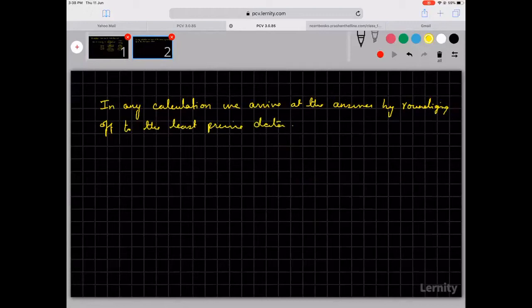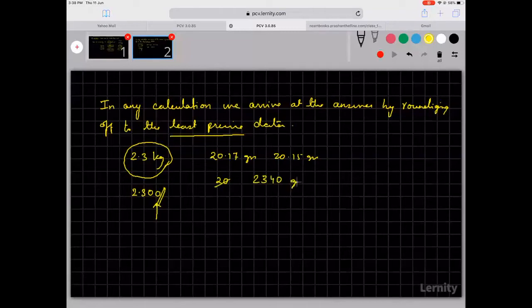If you have 2.3 kg and you have 20.15 grams and 20.17 grams, this is the least precise, so the answer should be rounded off to the least precise data. When we had 2.300, again we rounded it off to the least precise data, which was up to the nearest gram. So the answer was 2340 grams.